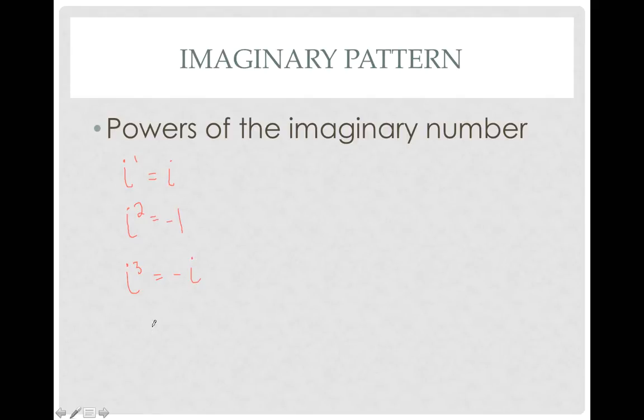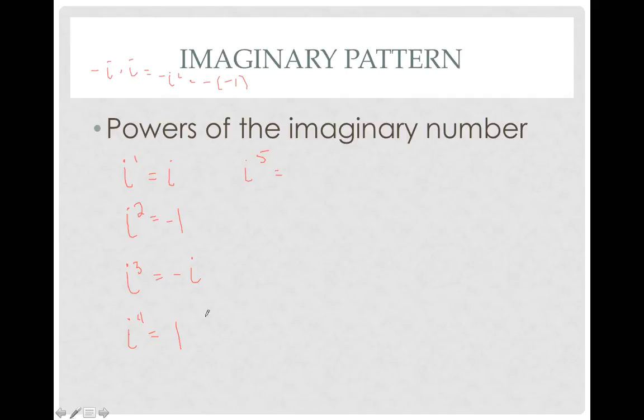If we go to i to the fourth, that would be like multiplying i to the third by another i, and we get negative i squared, which would make a positive 1. If I had negative i times i, I'd get negative i squared, which is negative 1, therefore it's plus 1.